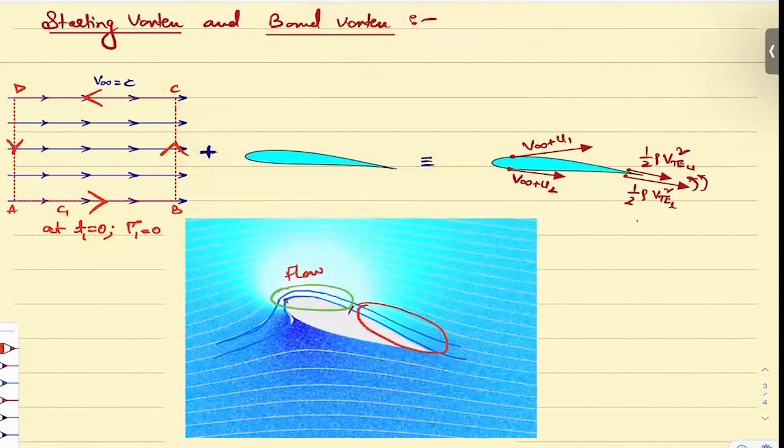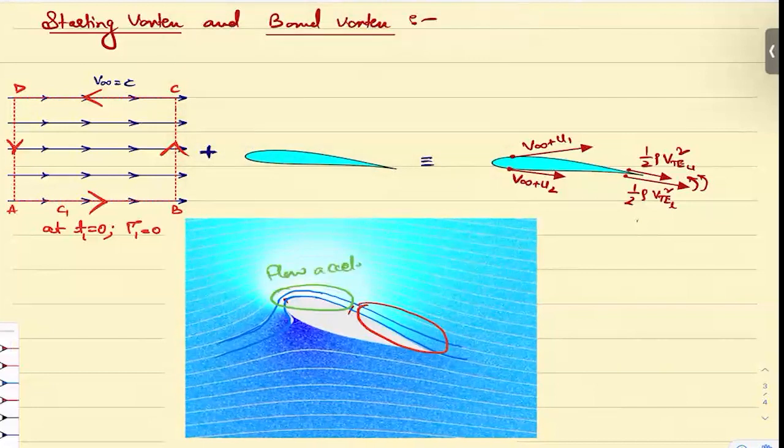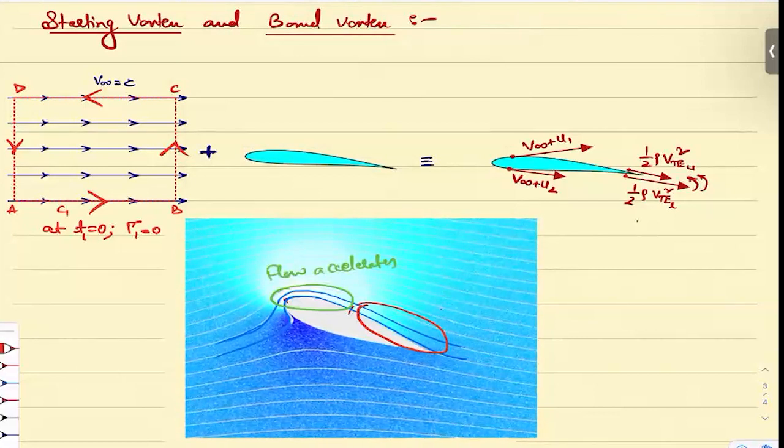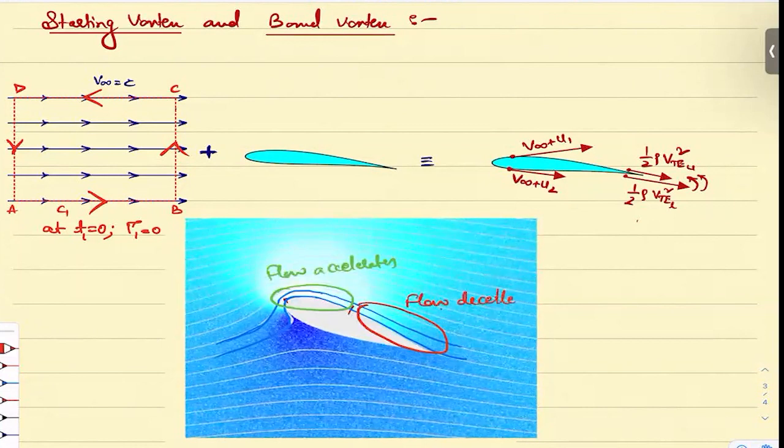So here I would write, flow accelerates. And below, in this region, flow again decelerates. Many people think over the entire region, flow will accelerate on the upper surface. It is not so. The flow accelerates in a region and then decelerates in a region. Hope you see this point.